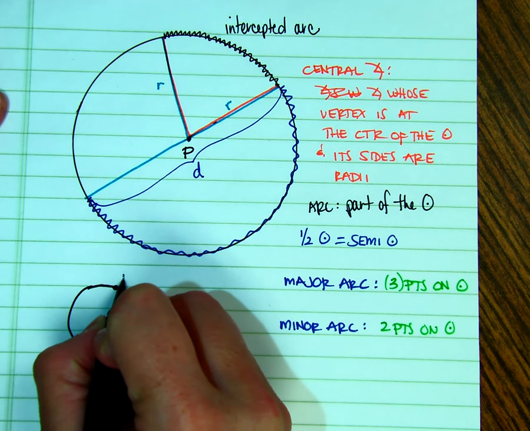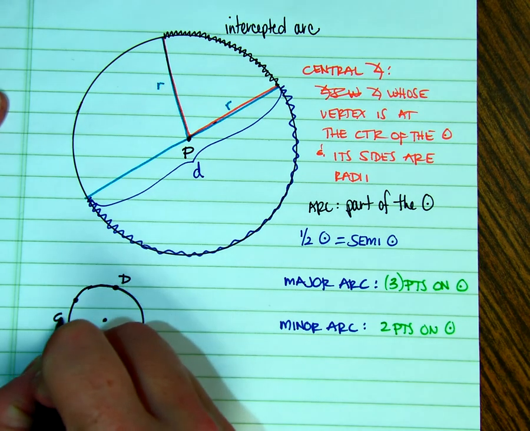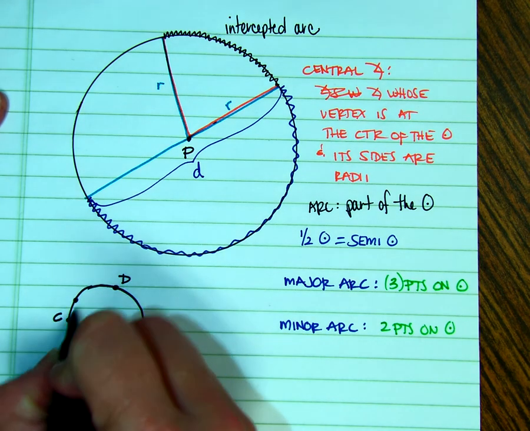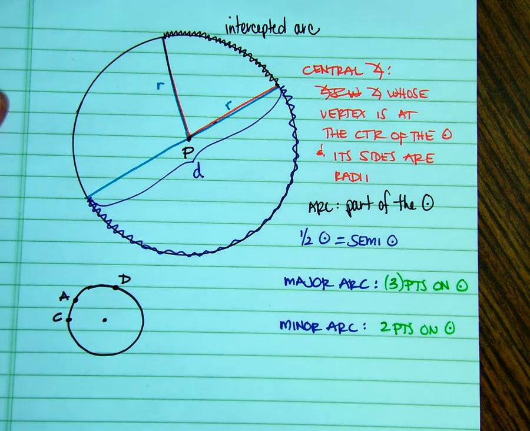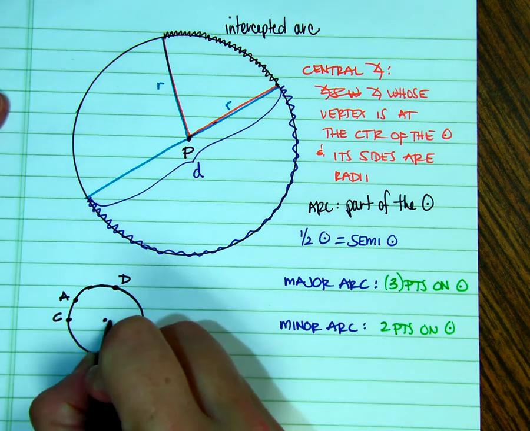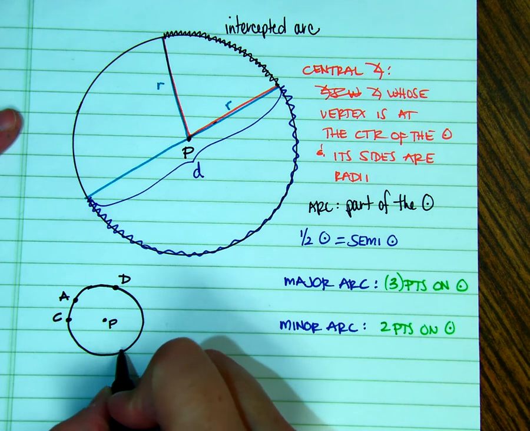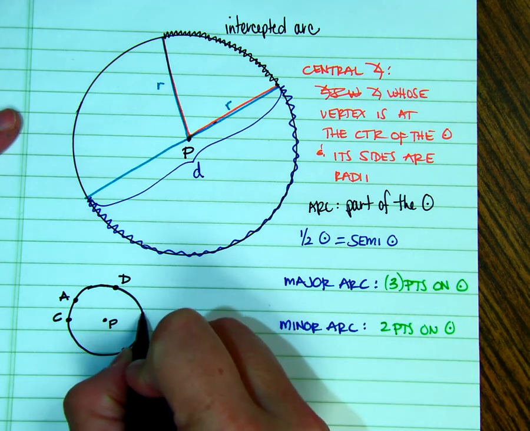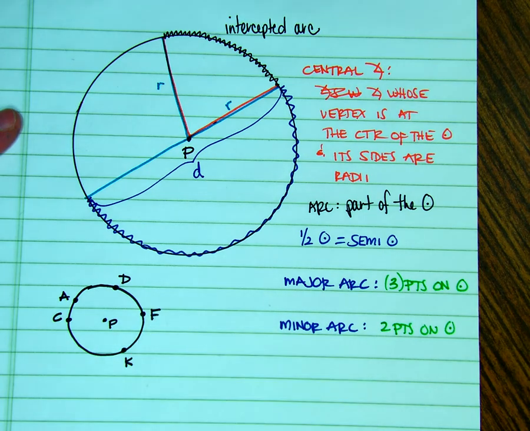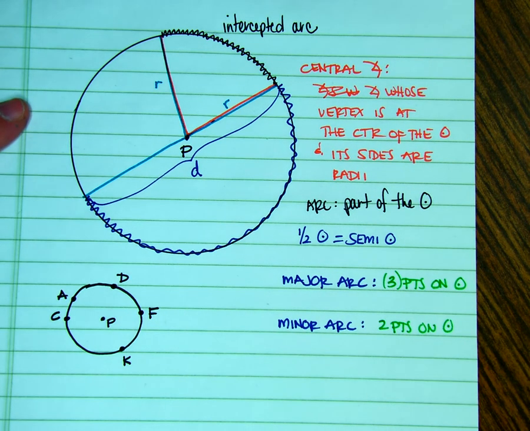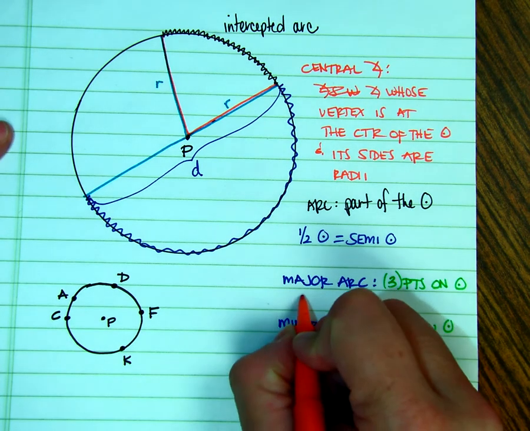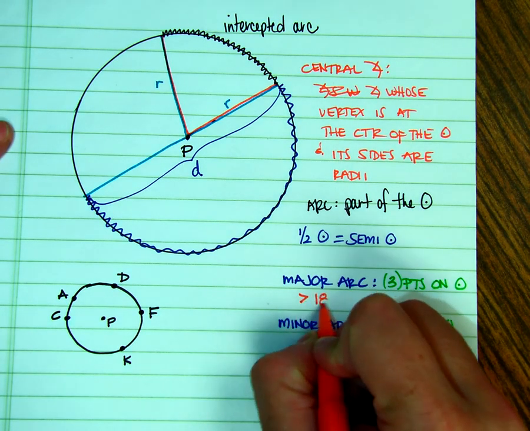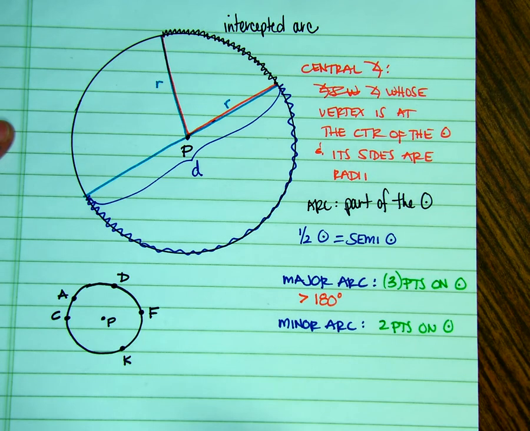Okay, so I'm going to draw a separate little circle here. So if I have points D, C, A, and this is circle P, and I'm going to make this a K and an F. Okay, absolutely no rhyme or reason. Major arcs need to be greater than 180 degrees.